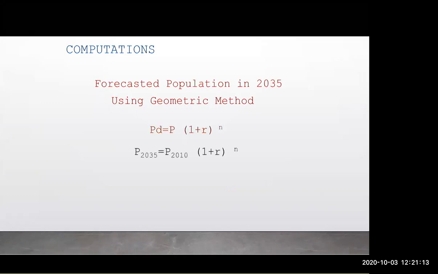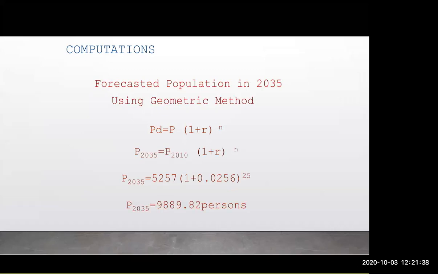So P_D is the forecasted population, so that is P 2035. That is equal to the present population multiplied by (1 + R) to the power N, where R is the rate of geometric progression and N is the number of years.